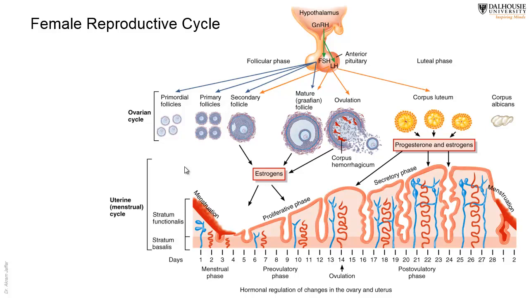What happens at that time is that there will be a drop of progesterone, because the corpus luteum will not be maintained. If fertilization does not take place, then the corpus luteum cannot be maintained, and so the progesterone level will decrease here, and this will result in vasoconstriction of these vessels.